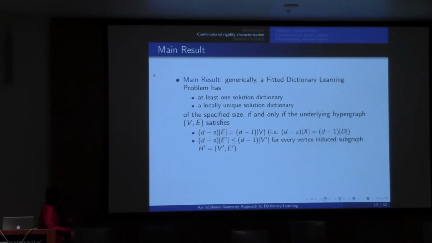We showed that the main result basically says that for the fitted dictionary learning problem, we have at least one solution and a locally unique solution if these conditions hold. The first condition relates the number of dictionary vectors, which are the black points in that original figure, and E, the number of pins or data points.